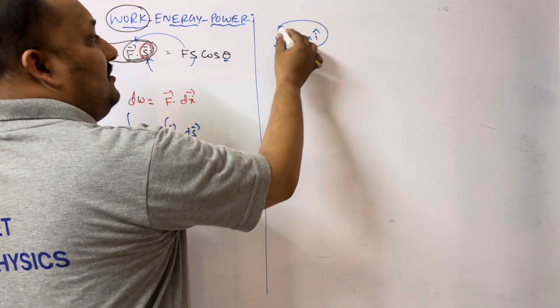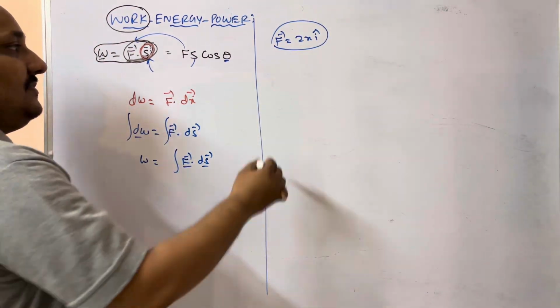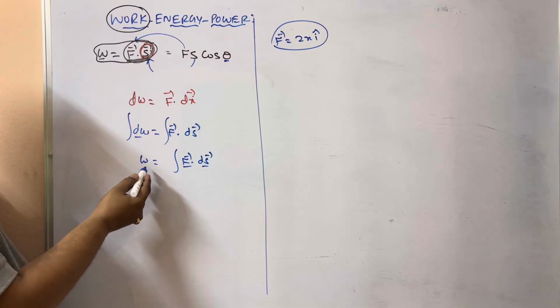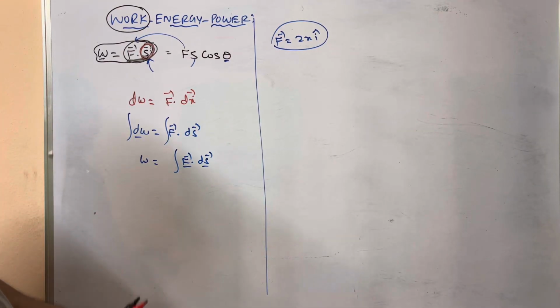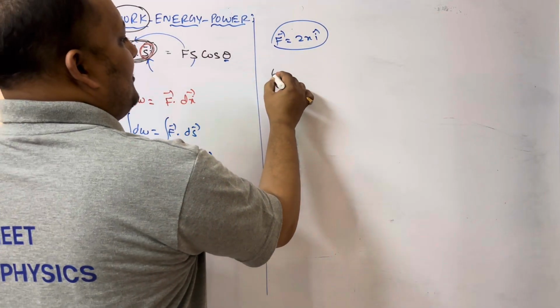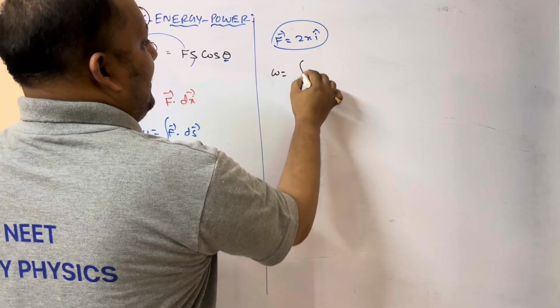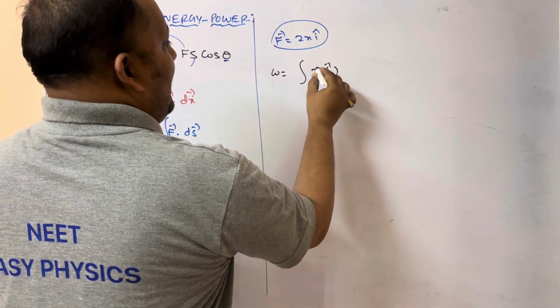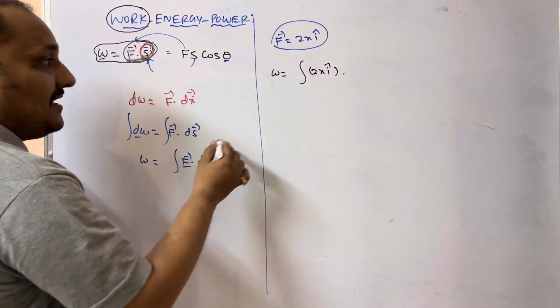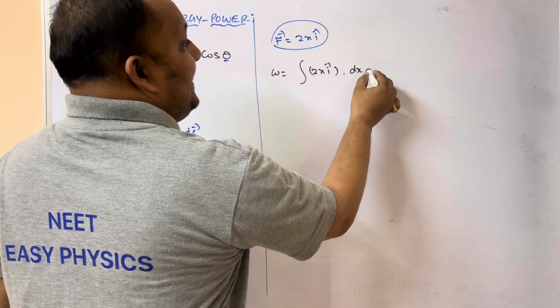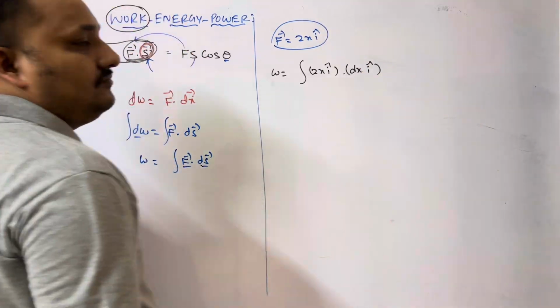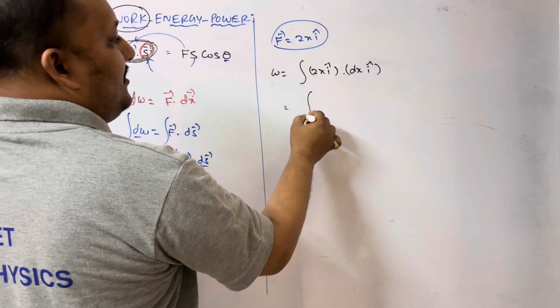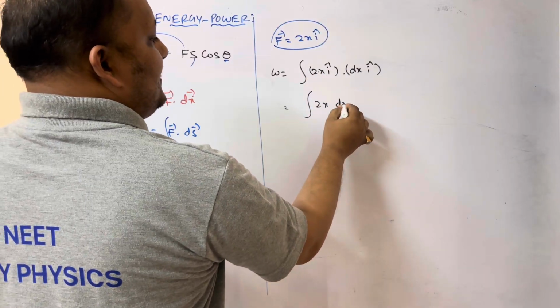Then how is work done going to be written? In general, W is equal to the integral of 2x i cap. How is ds bar going to be written? It is dx i cap. At that time we write 2x dx.